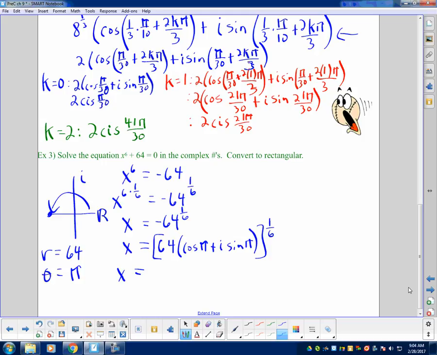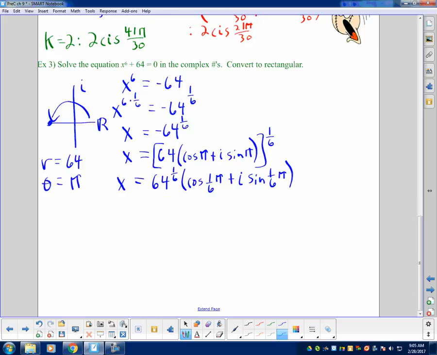So here we go. It's 64 to the 1/6. And then we have cosine of 1/6 times pi, or pi over 6, plus i sine of 1/6 times pi. So 64 to the 1/6 would be 2, right? All right, and then let's just rewrite it.